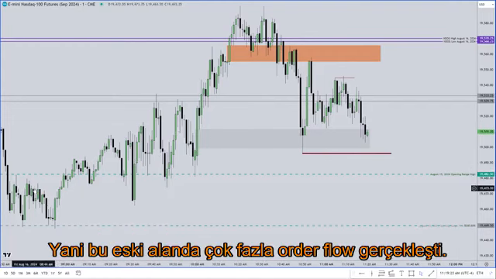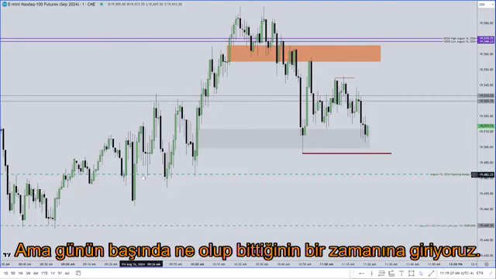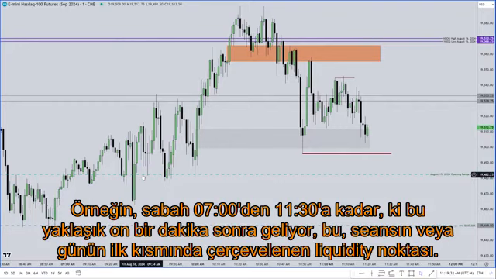So it's a lot of order flow that took place in this old area, but because we're entering a time of day where whatever has transpired in the beginning of the day, for instance, like 7 o'clock in the morning to 11:30, which is coming up in like 11 minutes or so, this is the point of liquidity that's framed on that first part of the session.